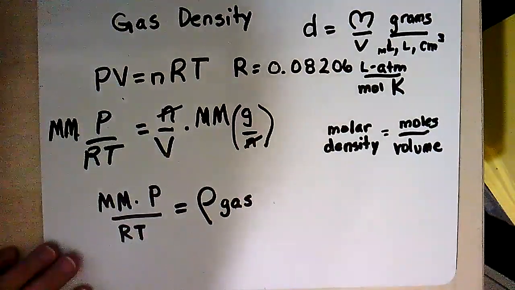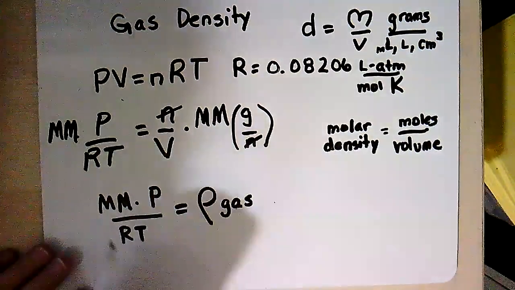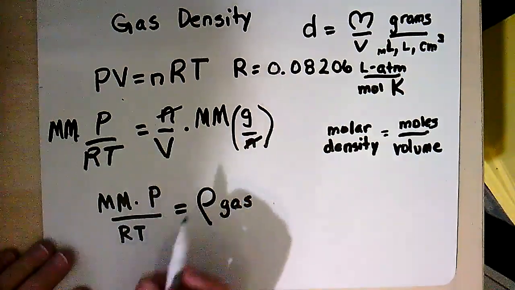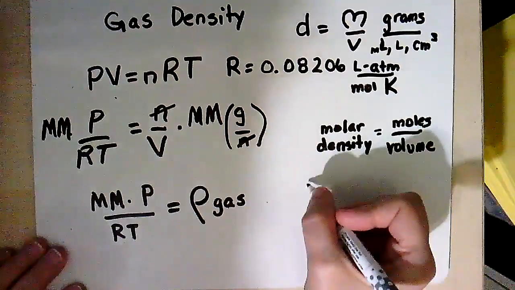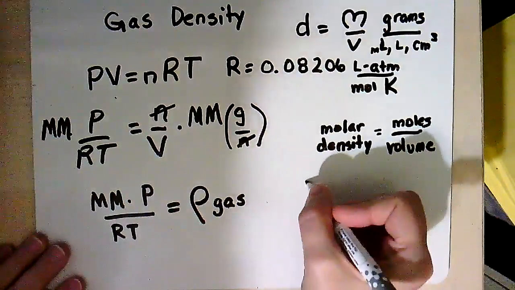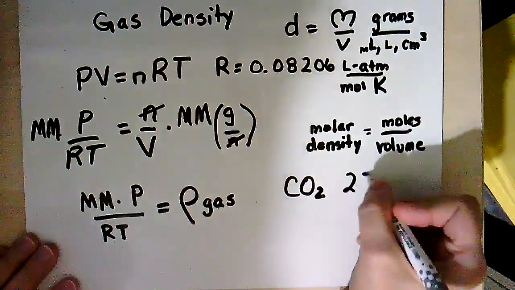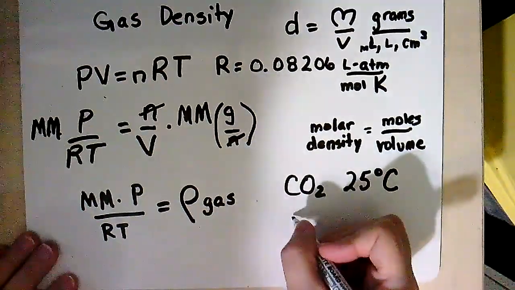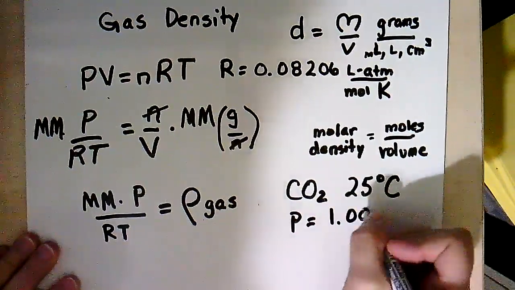But all we have to know in order to calculate the density of a gas is we have to know its molar mass, we have to know its pressure, and we have to know its temperature. So let's try to do this. Let's calculate the density of carbon dioxide at 25 degrees centigrade and a pressure of 1 atmosphere.